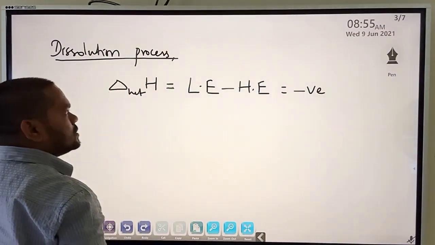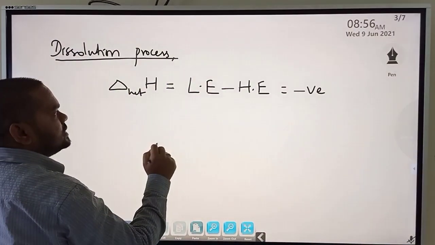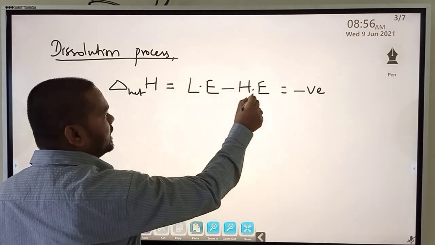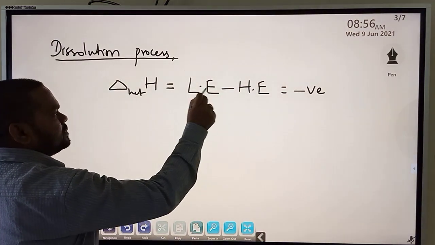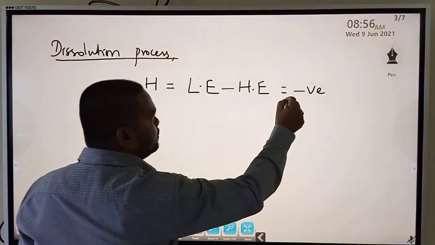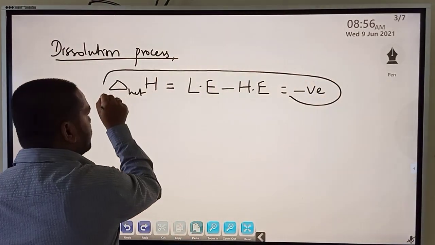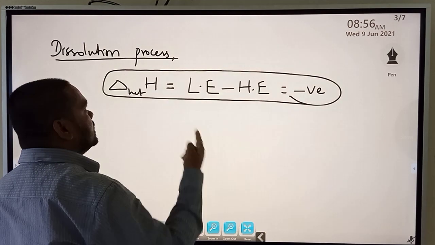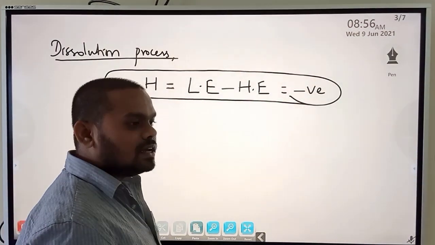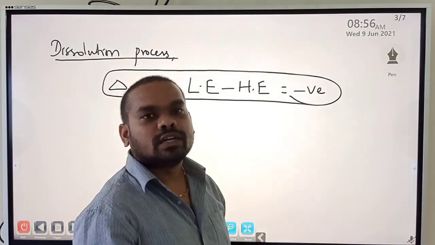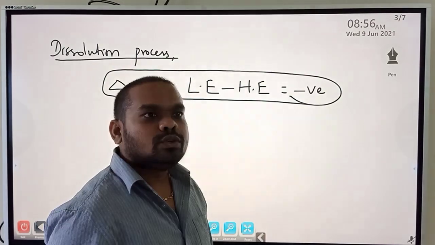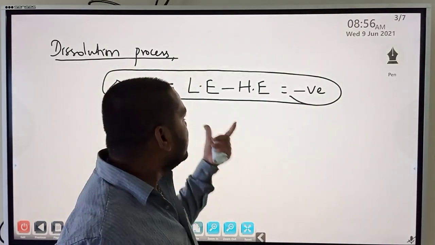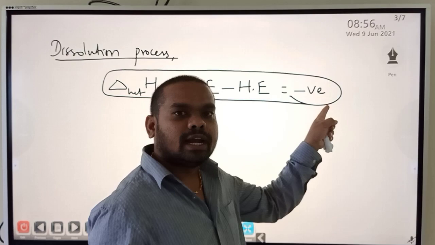Dissolution is determined by the net enthalpy change, that is lattice energy minus hydration energy, and overall it should be negative. If it is negative, then we say that dissolution is happening. That means the molecules are dissolving in water. One more time, molecules will dissolve only when the net result should be negative.